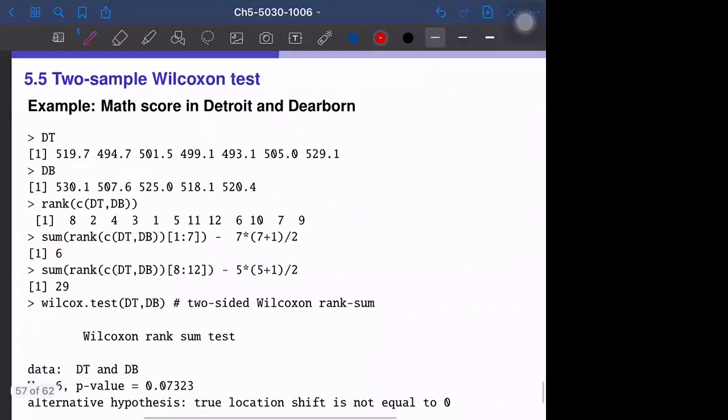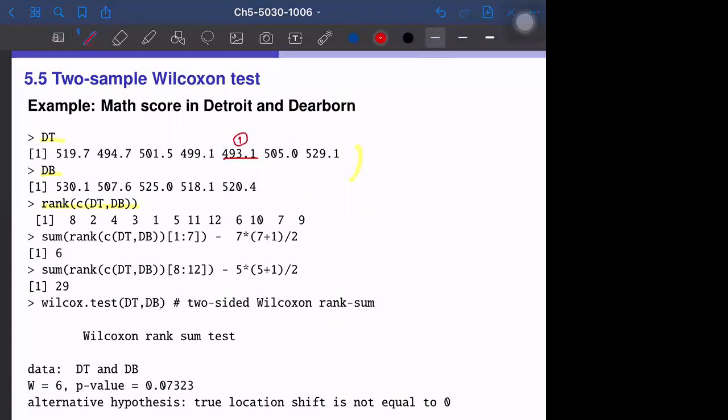And here's an example in R. Remember that we have 2 samples, DT, Detroit, and DB, Dearborn. So we rank all observations combined. The smallest one is 490.